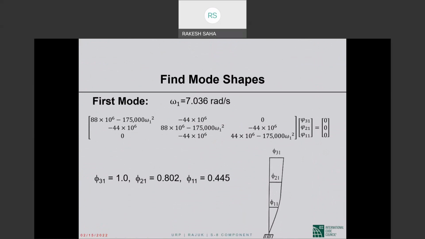And these values are at the top of this slide and the next 2 slides. So this is obtained by setting the determinant of the K minus omega squared M matrix to 0.